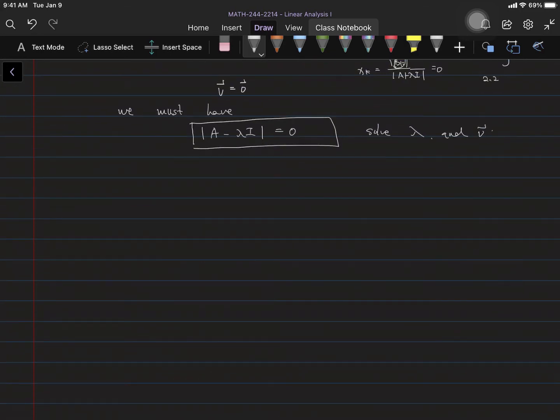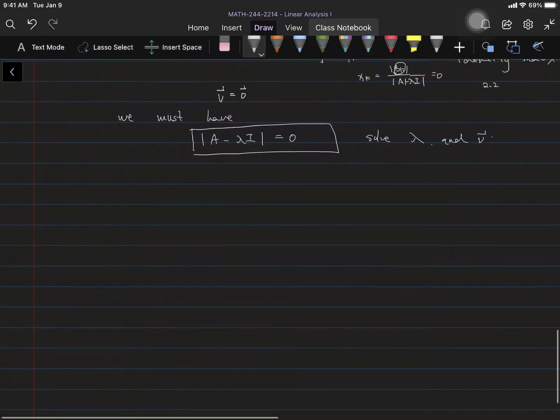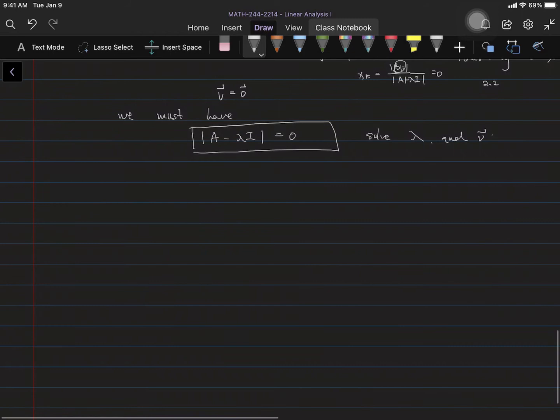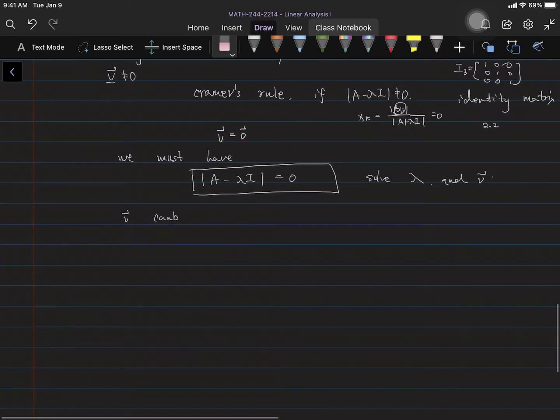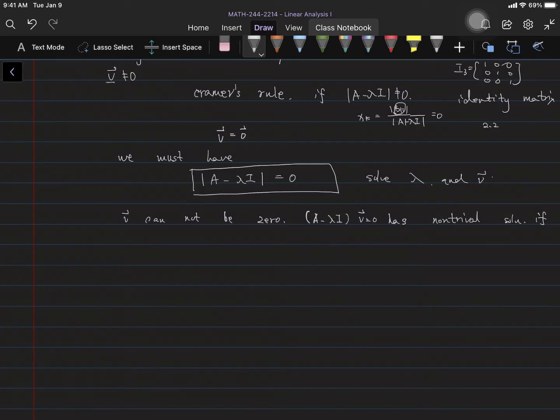The reason is that V cannot be 0, because the linear system has a non-trivial solution if and only if the determinant of A minus lambda I equals 0.